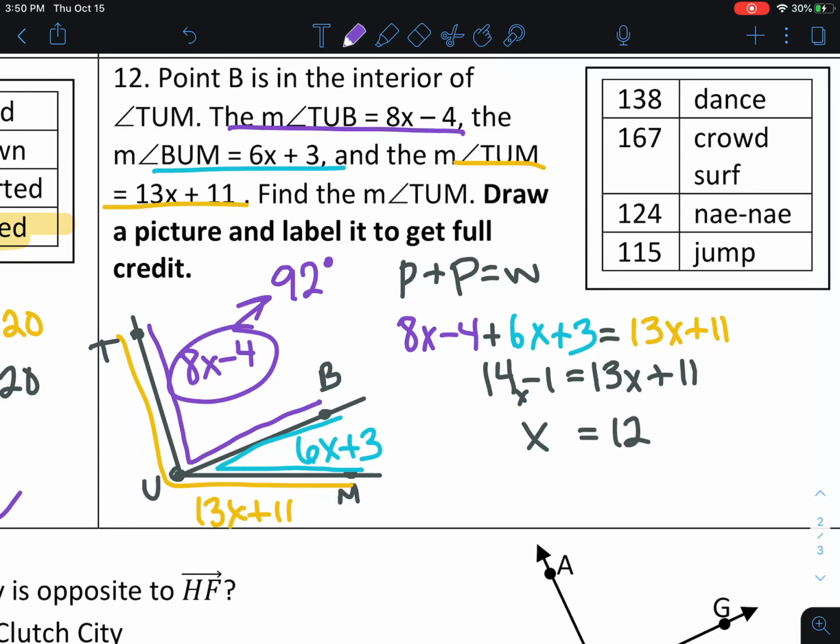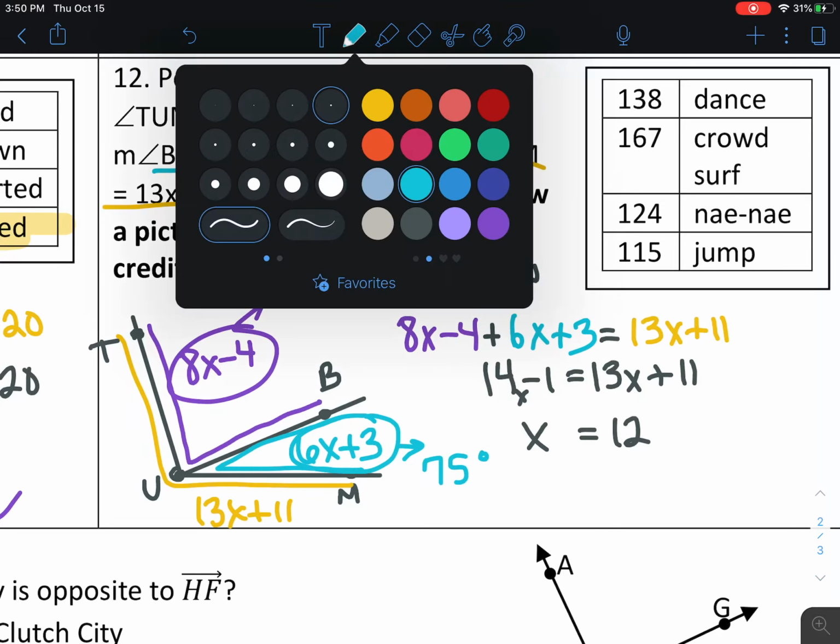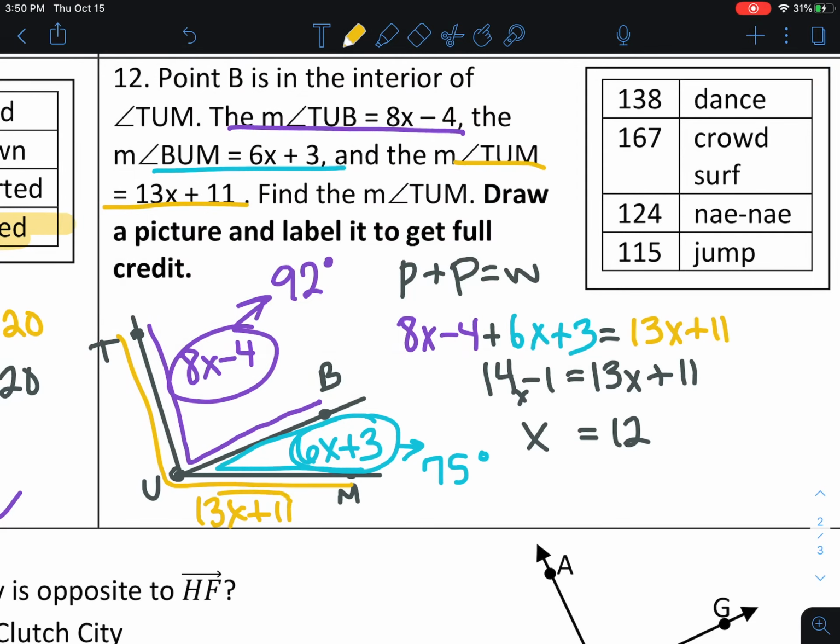Okay, good. And then I have 6 times 12 plus 3, so what's that, 75 degrees? I'm going to double check that. And then I have 13 times 12 plus 11.